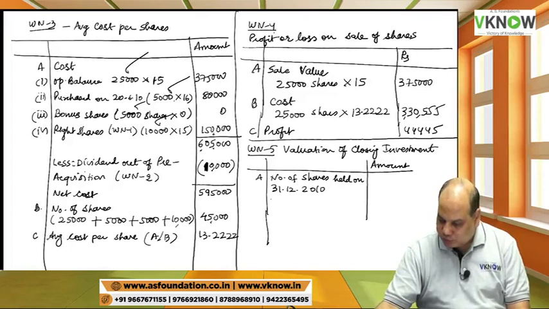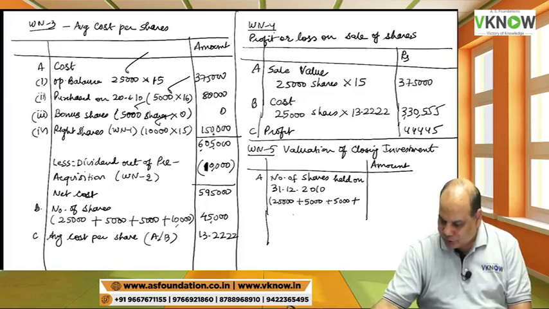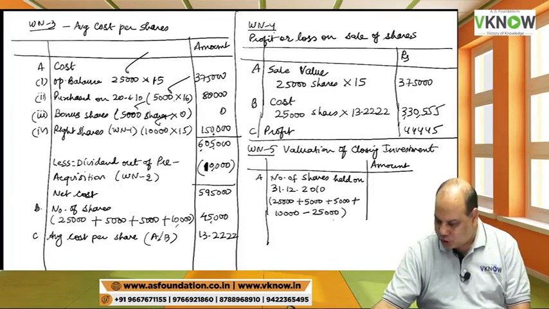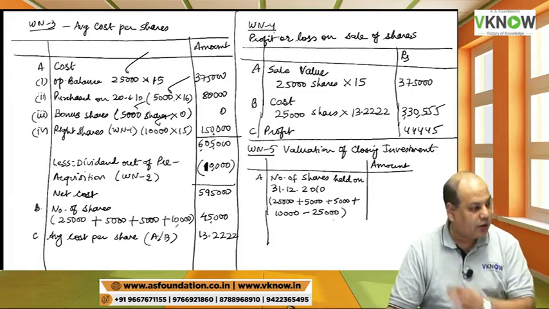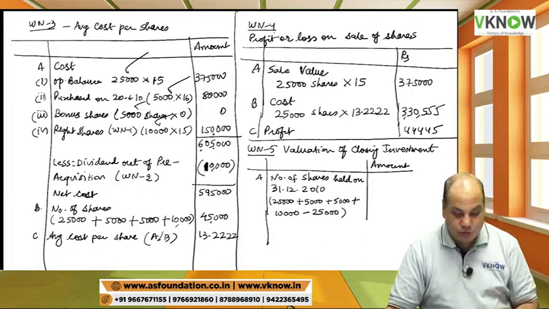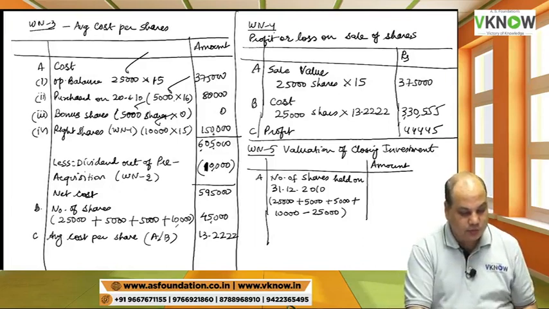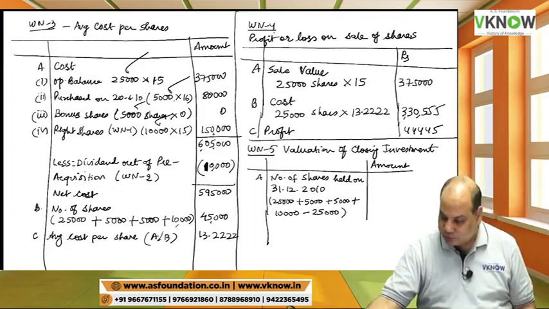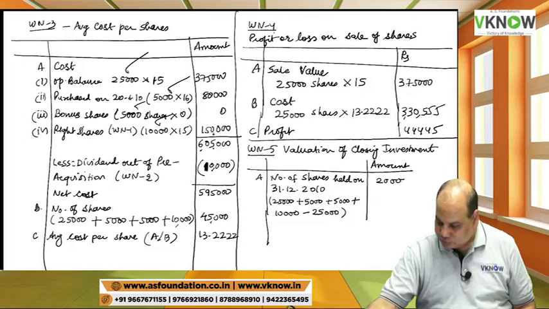You have opening 25,000 plus 5,000 purchased plus 5,000 bonus share plus 10,000 right share minus 25,000 sold. So the number of shares you are holding is 20,000 shares.